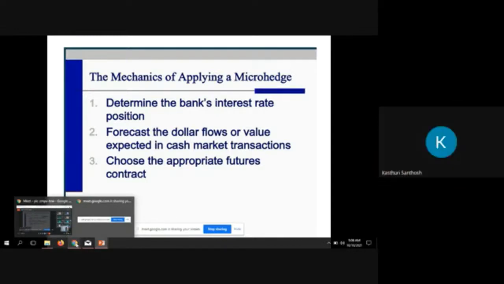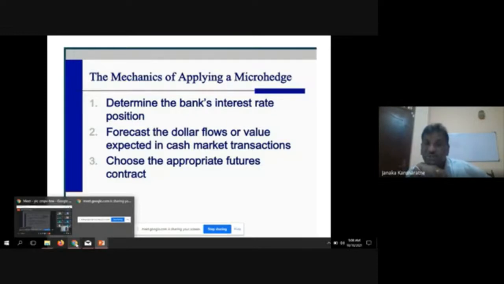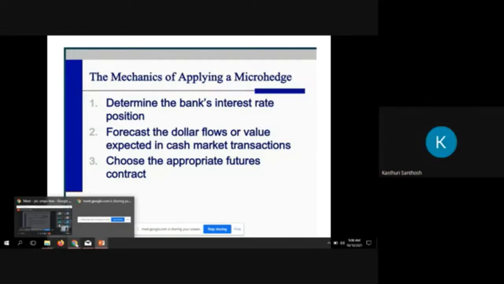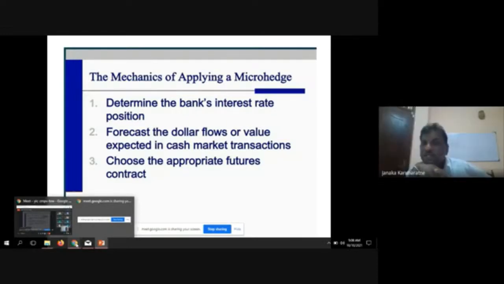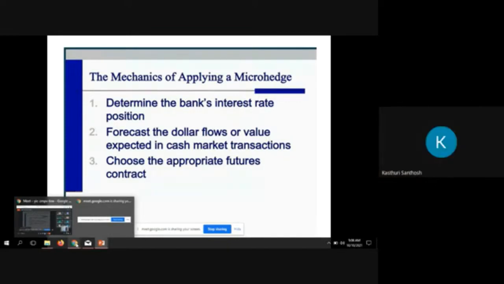For the cash market, when interest rates rise, prices will go down. Then futures market. In the futures market, we have hedged for the particular rate, price. Then it will stick to that price for that particular period.